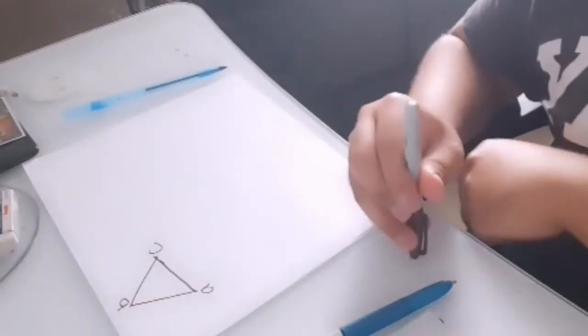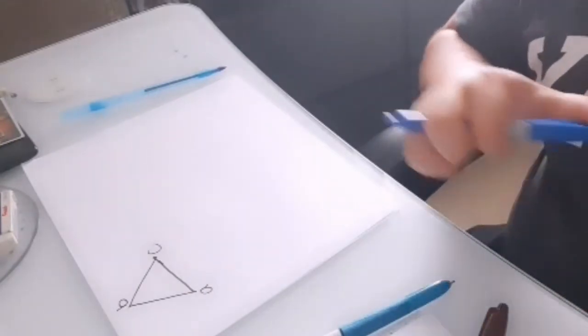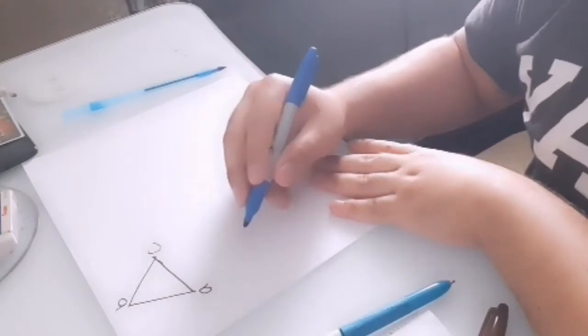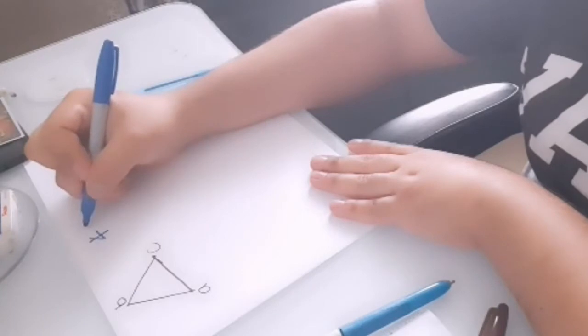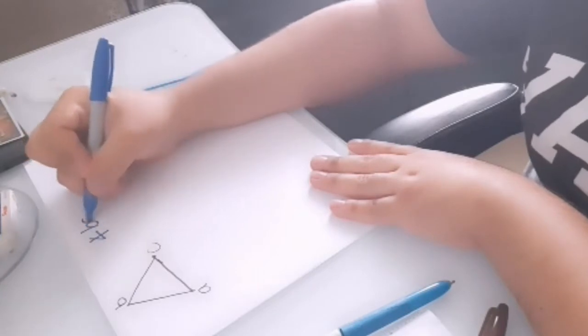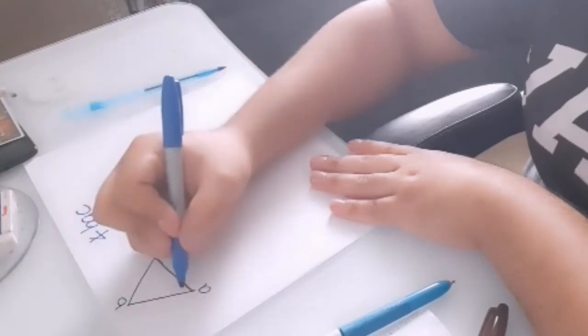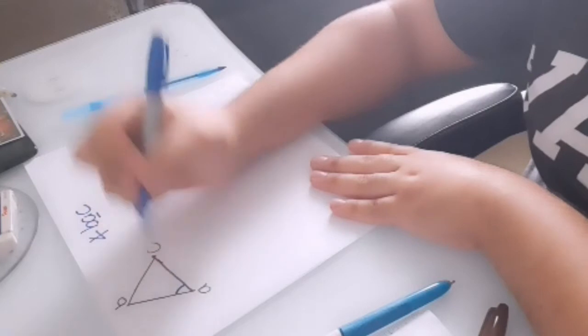Then we label the angles, because angles always make sense. So we have angle B A C, right? A is our center, so we have to look at it and mark that.